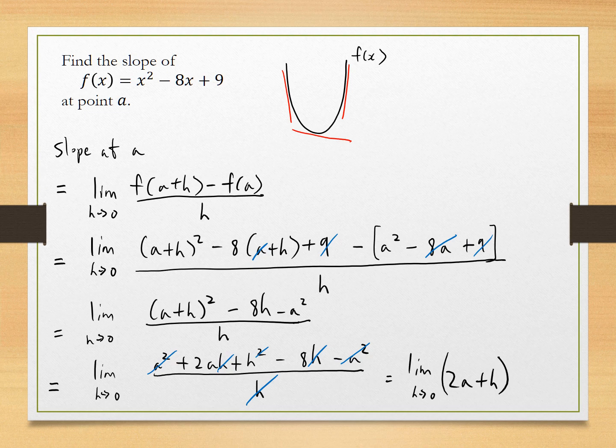In this case, this is a polynomial of order 1 with respect to h. 2a is a constant, h is the variable. So you substitute in h equals 0 into the function.